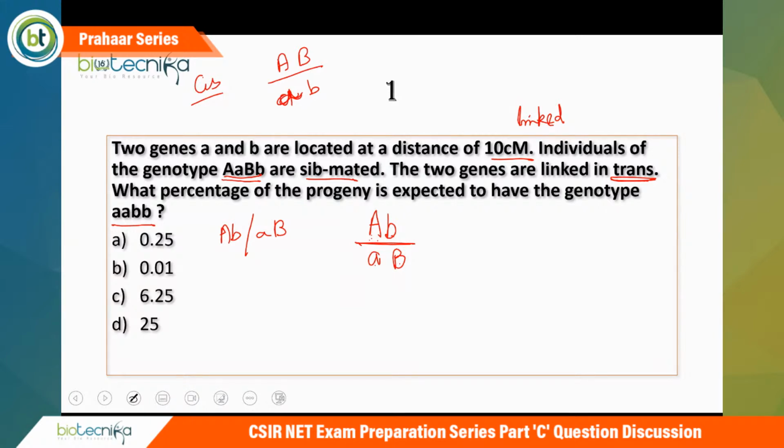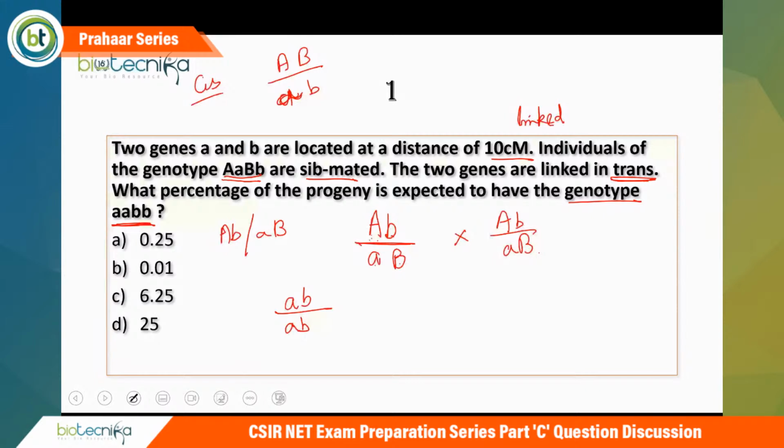Now let's see the cross here. So the cross is this. What do we want? We want the genotype small a, small a, small b, small b. How do we create it? If we write small a, small a, small b, small b in the linked gene format, it will be small a, small b on one chromosome and small a, small b on the other.